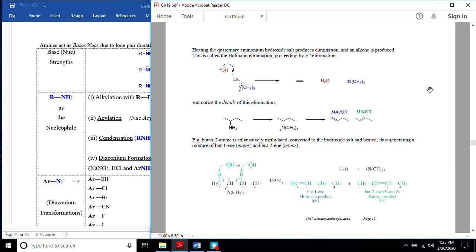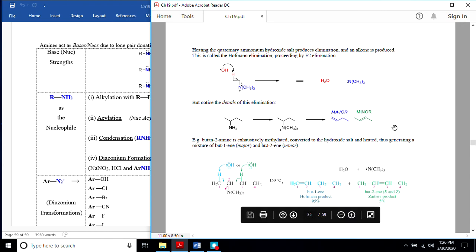We normally said last semester elimination gives you the more alkyl substituted alkene, and that's because it's the most stable. Here, under these Hofmann elimination conditions, the major product is not the most alkyl substituted pi bond. So this is an alternative elimination that you can use to get the other product.